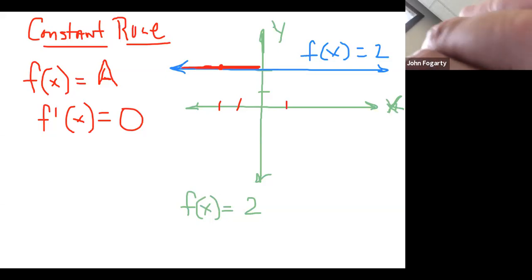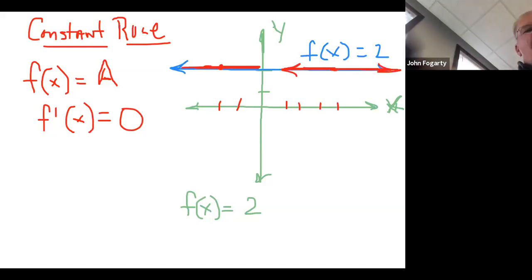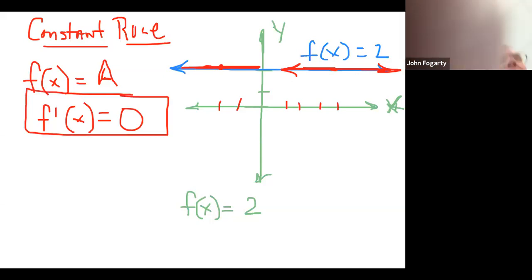If I went all the way out here and found the instantaneous slope, it's a horizontal line, so your instantaneous slope has to be 0. So anytime you have a horizontal line, when's that? When it's a constant. The derivative is just 0. Does that make sense?